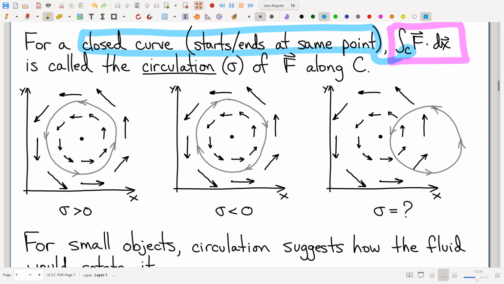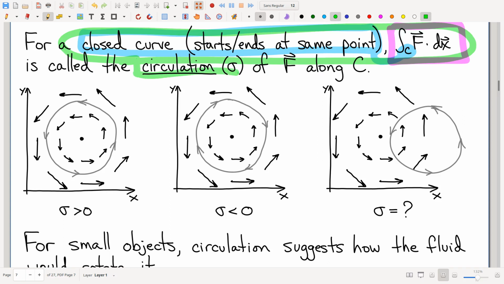Same idea of a vector line integral: fluid, vector field, velocity, extent to which the fluid's flowing along. That's all the same. We're just going to consider what we make of this if the curve is a closed curve, namely, it loops back around on itself, starts and ends at the same point, however you want to say that.